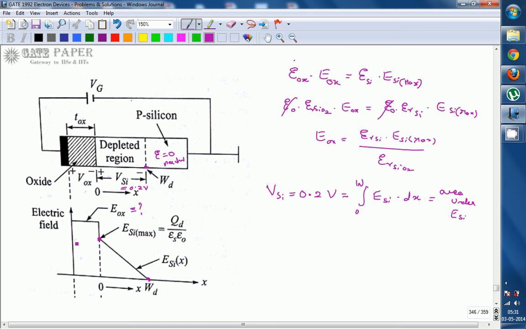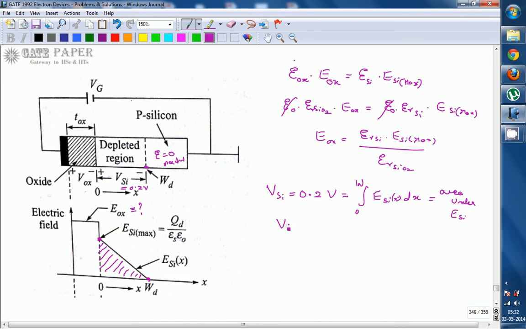This is the electric field curve, and the area under it is the area under E_Si of x. It looks like a triangular shape, so we can take half into width into height, that is the area of a triangle.